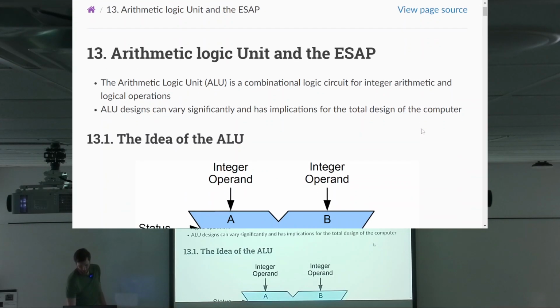Okay, so the ALU is a combinational logic circuit for integer arithmetic and logical operations. We're not doing any float stuff. Floats are annoying, okay? So in this world, everything's discrete, no decimals, all right? And notice that I said it's combinational. There's no sequentialness to the addition. The addition didn't require multiple clock cycles.